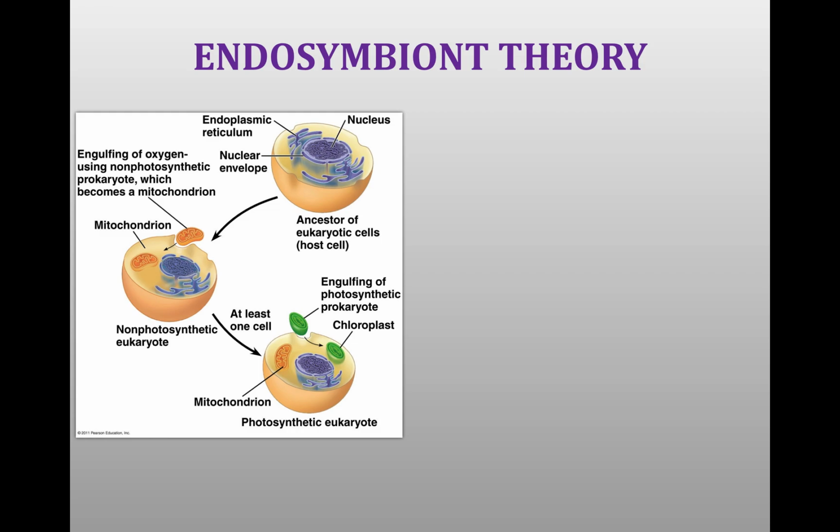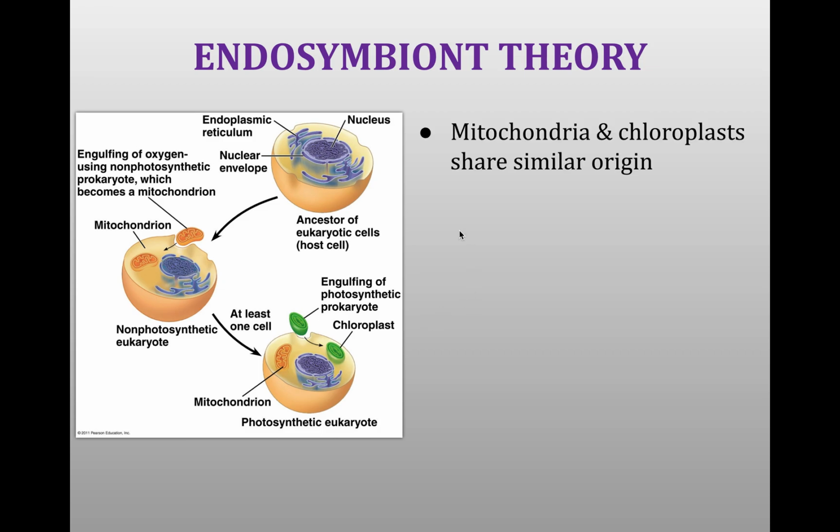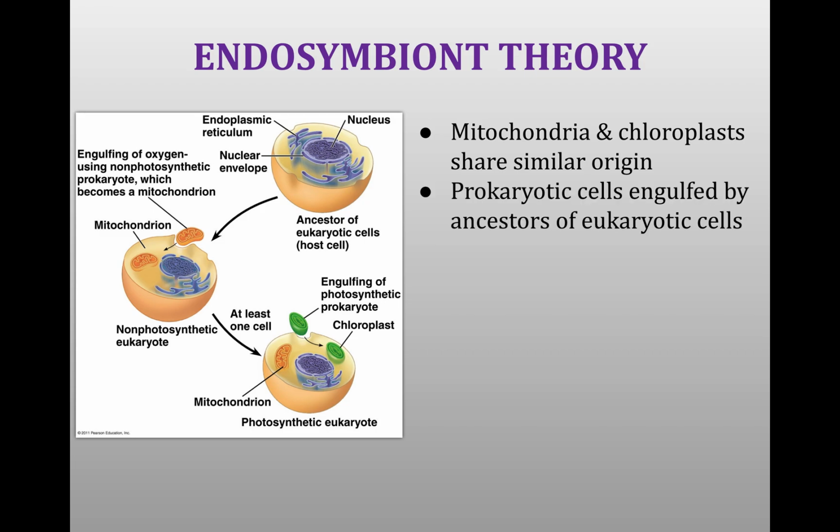They were prokaryotes that lived and survived on their own until they were engulfed by another prokaryotic cell. So mitochondria and chloroplasts share similar origins, that they originally were prokaryotic cells that lived on their own, and then they were engulfed by the ancestors of what we know today as eukaryotic cells.